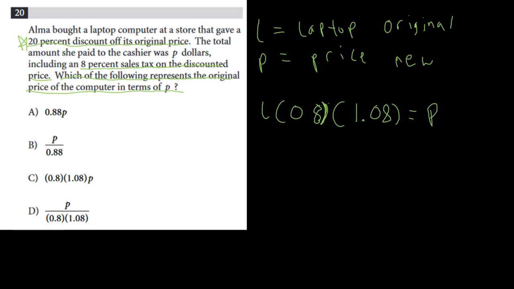Now, what it wants is the original price in terms of P. So the idea is that we want to get L by itself. To get L by itself, these three numbers are multiplying, so we have to do the opposite, which is divide.